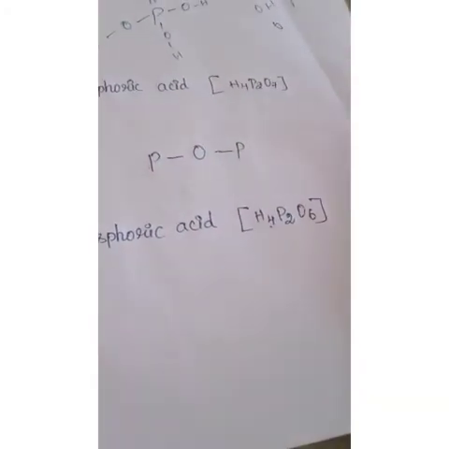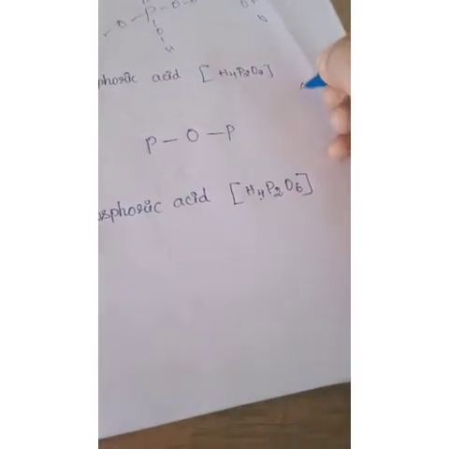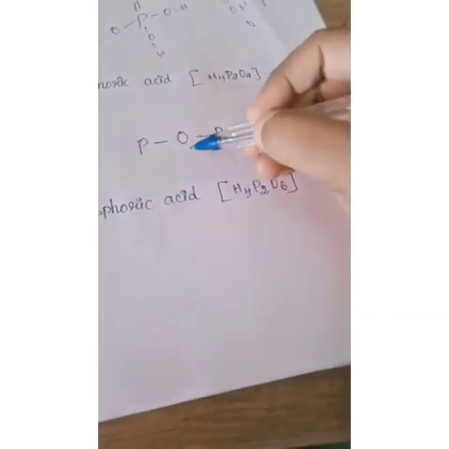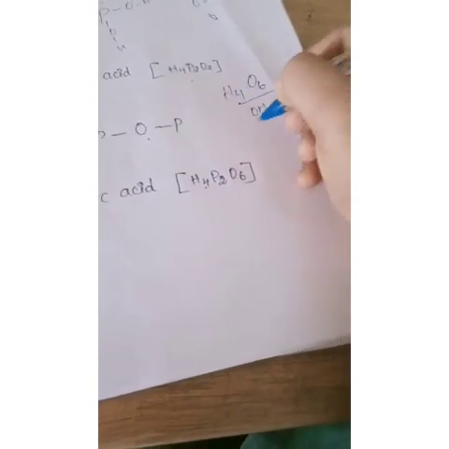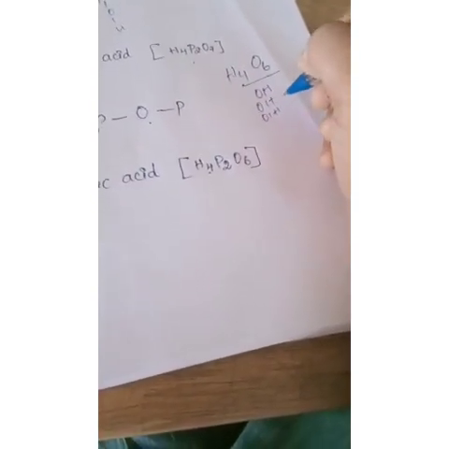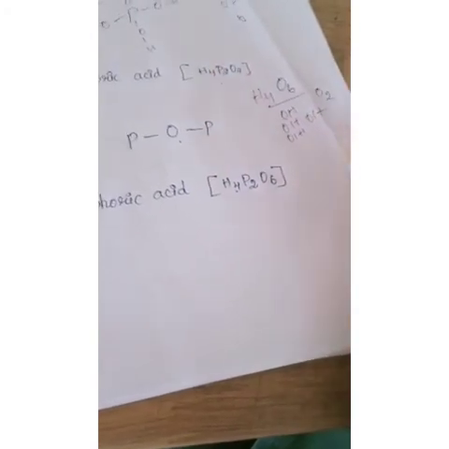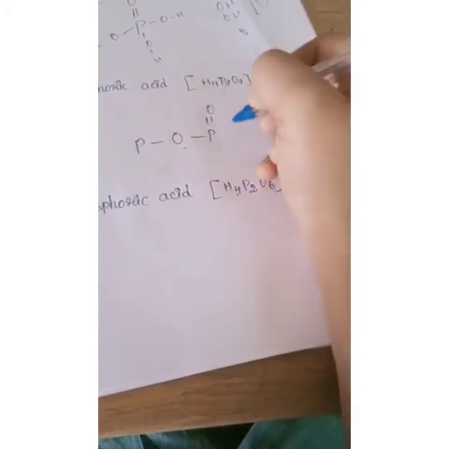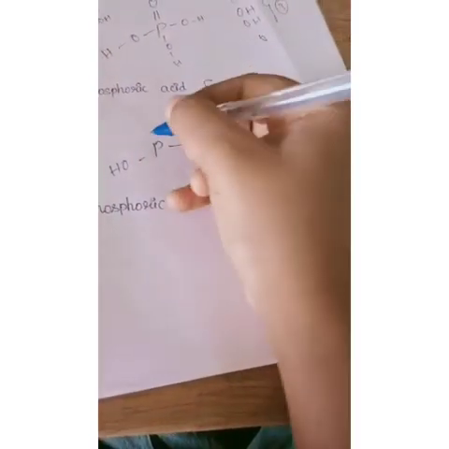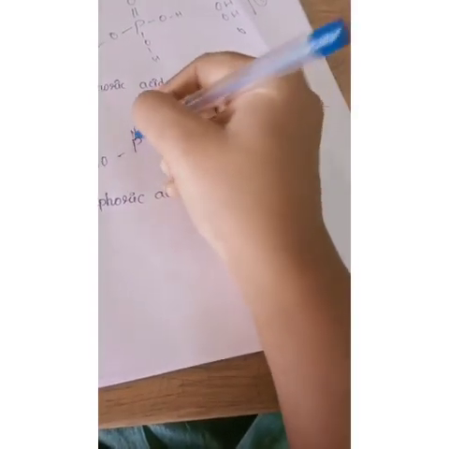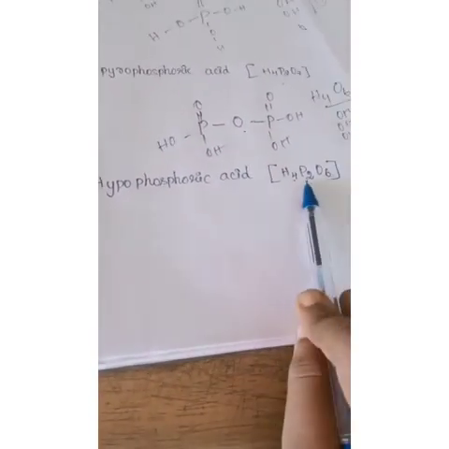So there are 7 oxygens, 1 oxygen is the bridge, so I write O6 and hydrogen 4. So we make a combination of OH, 4 OH, and then 2 oxygens are there. So you just write O, OH, OH. That is pyrophosphoric acid.